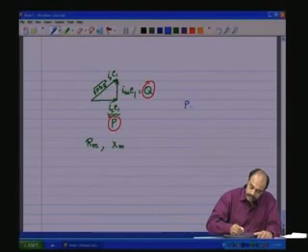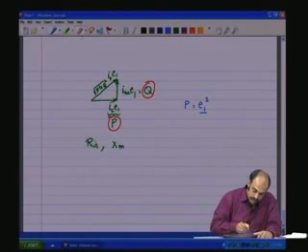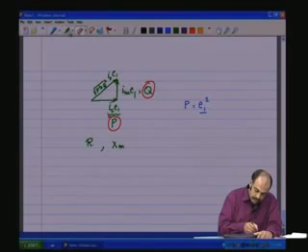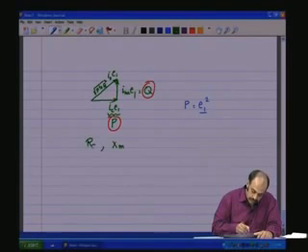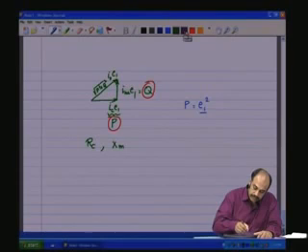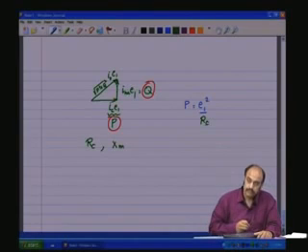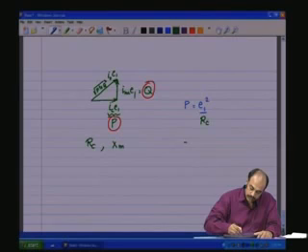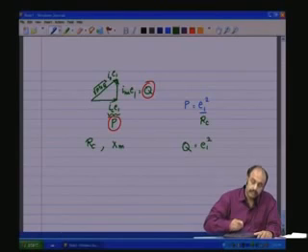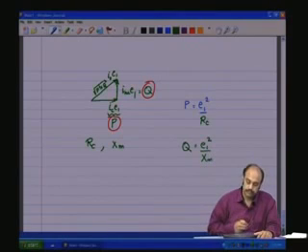So, P, the active power, is nothing but E1 square by RC, and Q, the reactive power, is nothing but E1 square across the same inductance divided by XM.